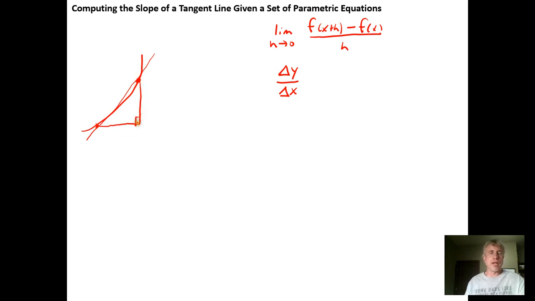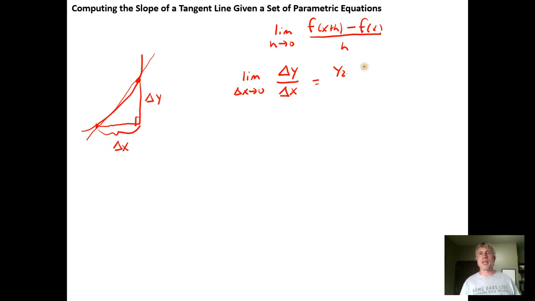all we're doing when we find the derivative is finding the slope of the secant line and then taking the limit as delta x goes to 0, so that instead of a secant line we wind up with the tangent line. We can write this in a lot of different ways.